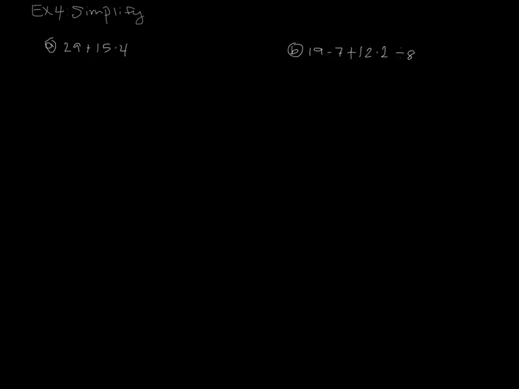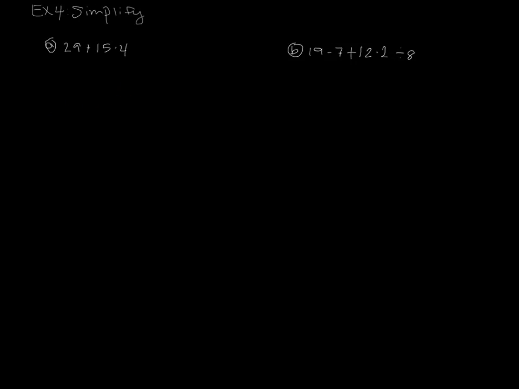All right, in these two expressions, you'll notice that the difference is that here we've got addition and multiplication. Over here we've got 1, 2, 3, 4 different operations, and we've actually got all 4 of the major operations: subtraction, addition, multiplication, and division.